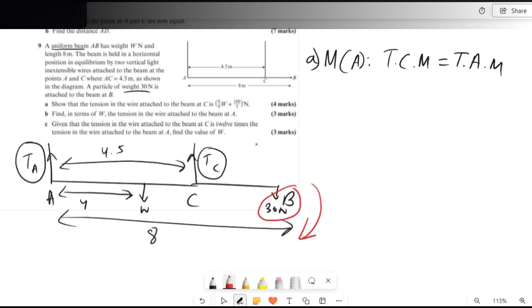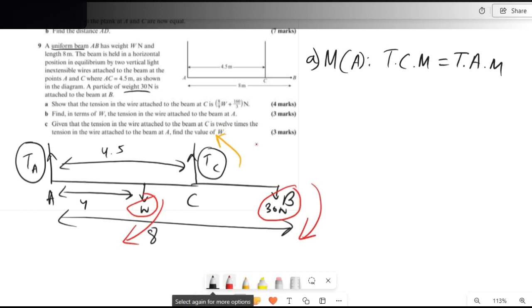So this includes the 30 newtons as well as the weight, because they are both acting in the clockwise direction. And similarly, the only force that is opposing this moment is going to be due to TC, or the tension at C, which is acting in the anti-clockwise direction.